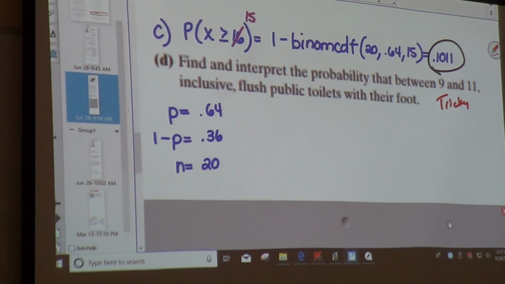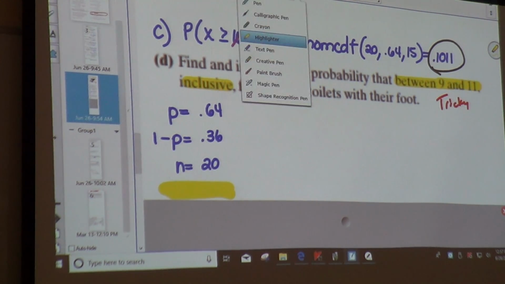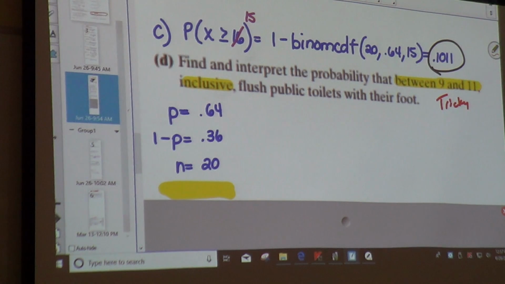So between 9 and 11 inclusively is going to help us determine our X. Our X is between 9 and 11. Inclusively means that it includes 9 and 11, so you're going to have that equal to.